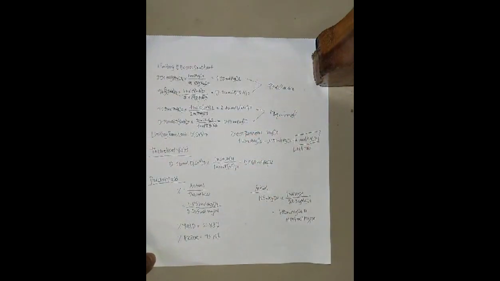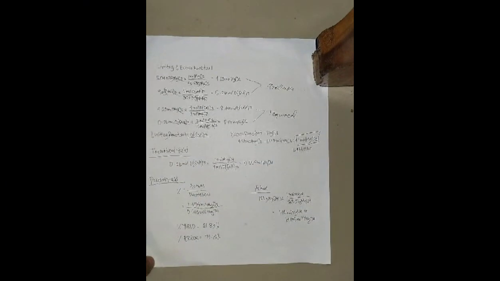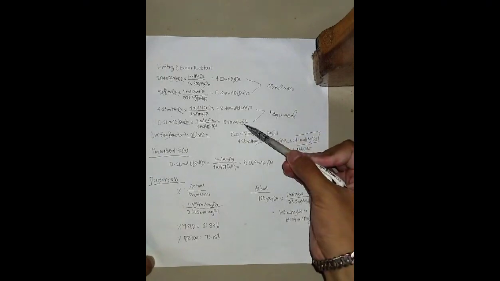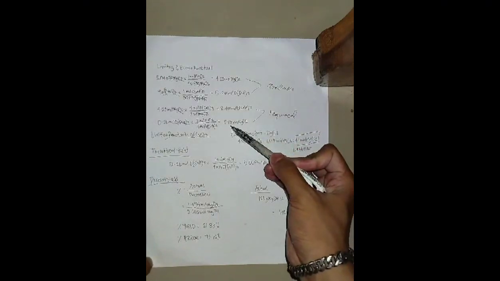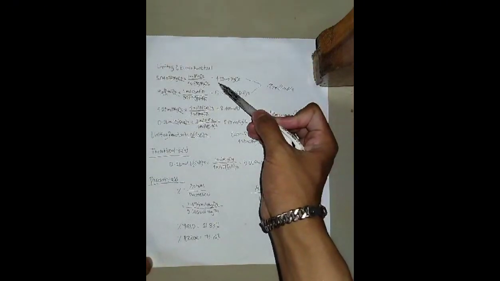So it means it is not enough. Therefore our limiting reactant is OSNH3. Now our excess reactant is MgC2. Why? Because the required mole of MgC2 is 0.13. However, the available mole of MgC2 is 4.23, so it exceeds. So it means the excess reactant is MgC2.